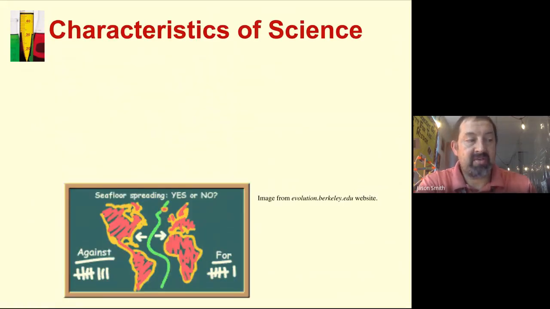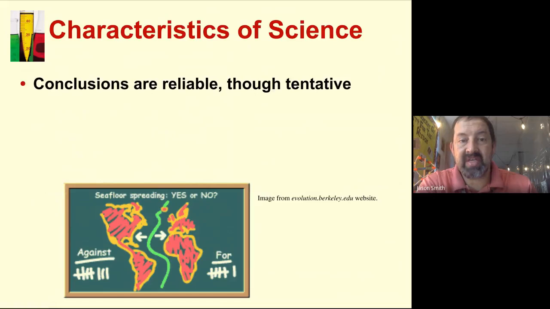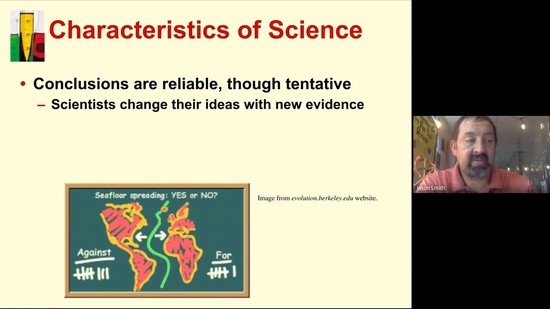All right, so let's take a look at the characteristics of science still. Conclusions are reliable but tentative. So we can conclude that something happens during a situation, but we have to prove that it happens over and over again to make it an actual conclusion that we have.